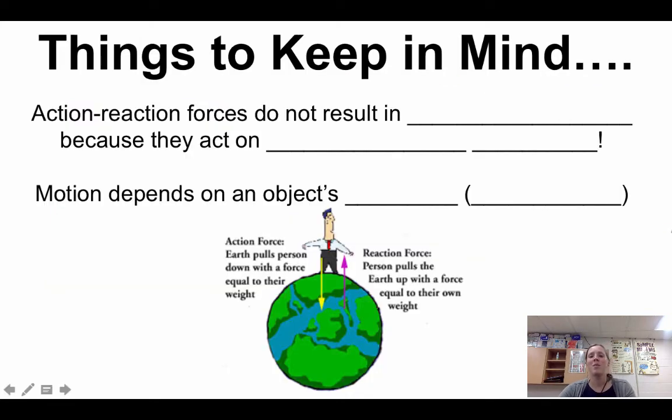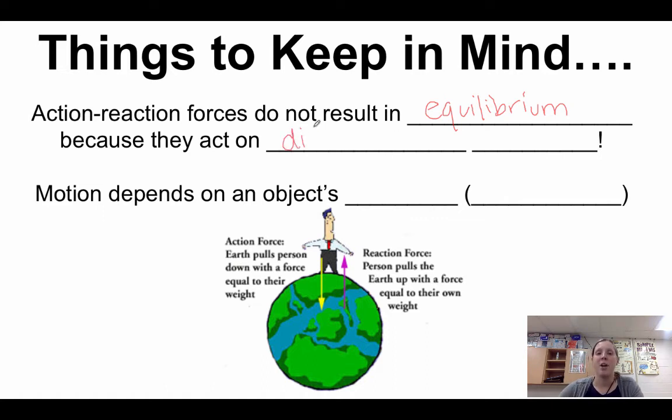So there's a few things we need to keep in mind, some common misconceptions that we don't want to fall into. So action-reaction forces do not result in equilibrium. So you might think, if all of these forces are equal in magnitude, then how does anything move, right? But equilibrium is when you have two forces in opposite directions that are equal in magnitude acting on the same object.